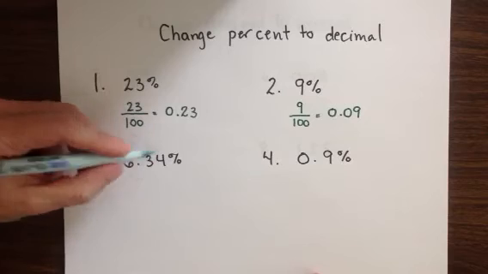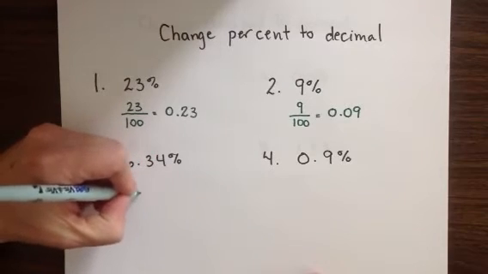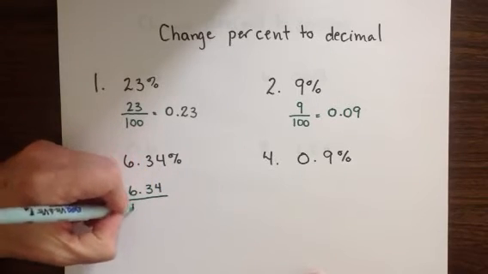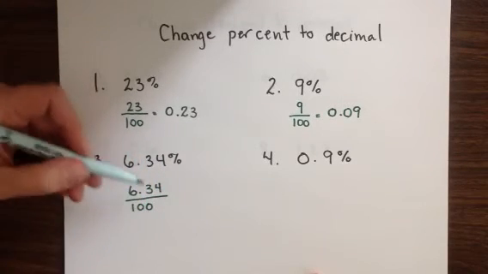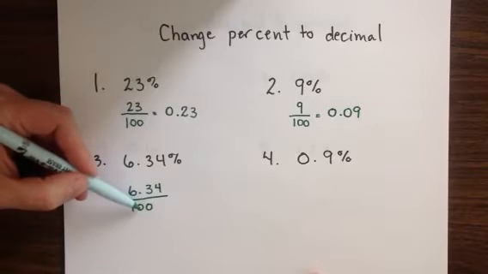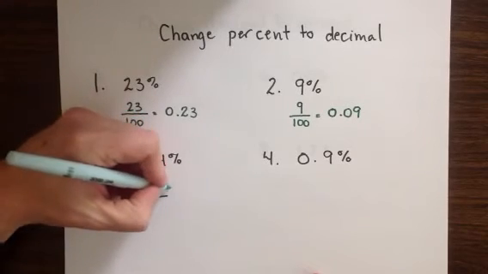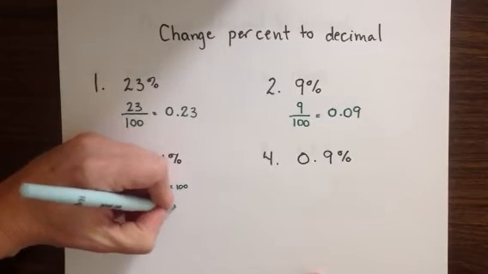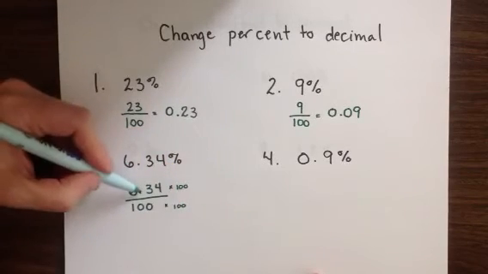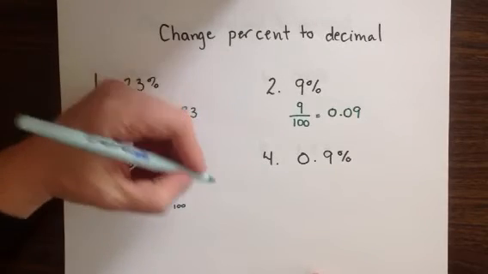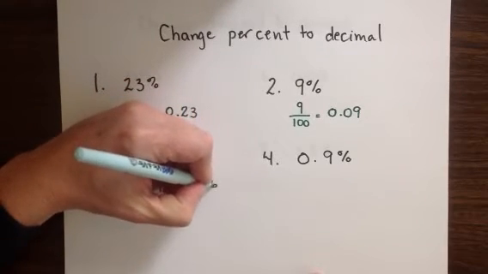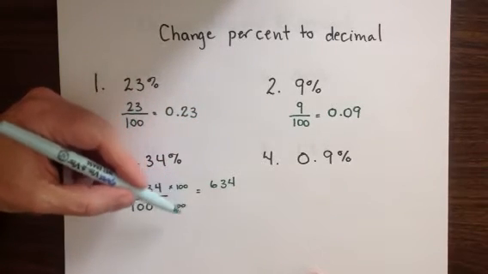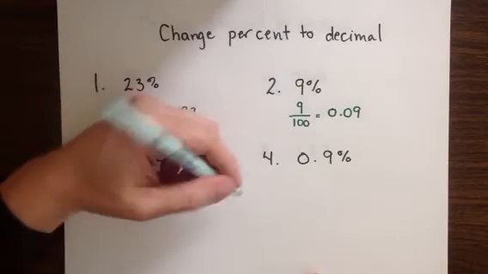For 6.34%, we have an extra step we're going to need to do. We write the 6.34 over a 100, but it's not really legal to have a decimal point in the middle of a fraction. So if you remember clearing fractions in our ratio or decimal unit, by multiplying the top by 100, we can get that 6.34 to turn into a 634. But anything we do to the top of our fraction, we need to also do the same thing to the bottom.